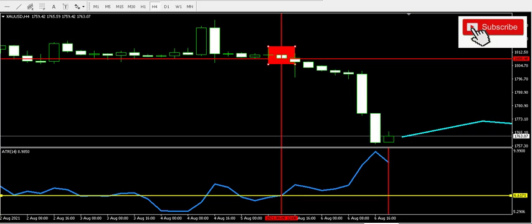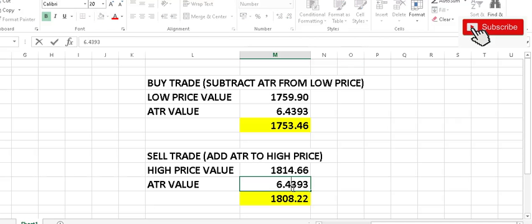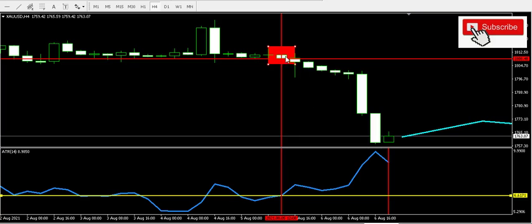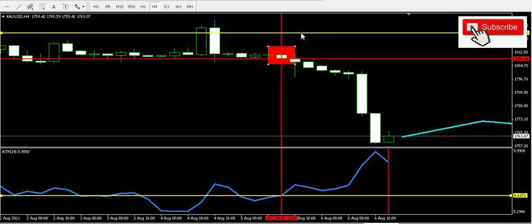We are going to add that ATR value, 6.6464, to the high price, the high value of the price. And that gives you 1821.31. So you can always place your stop loss above this bearish candle, around 1821.